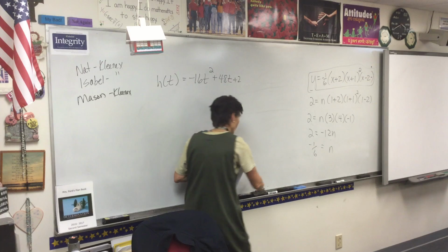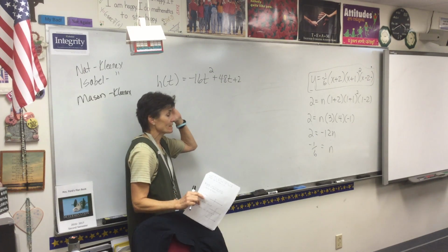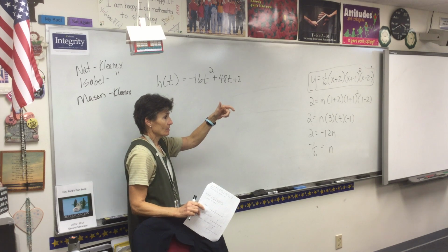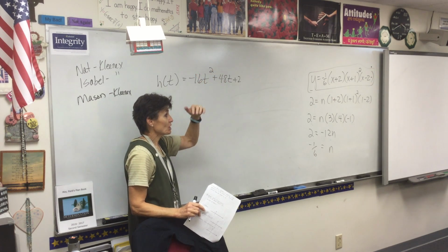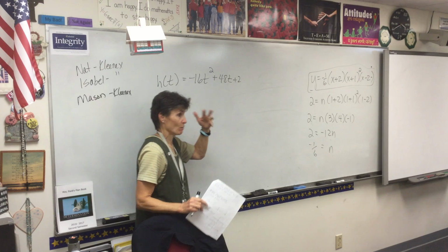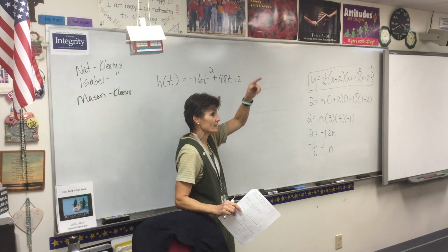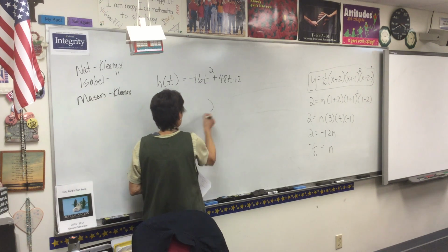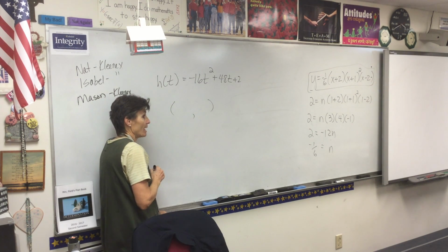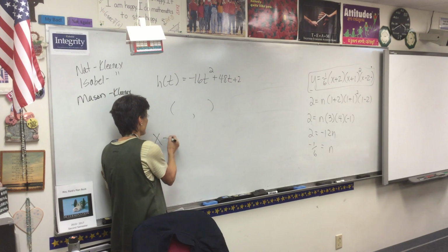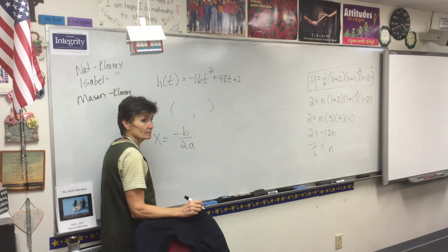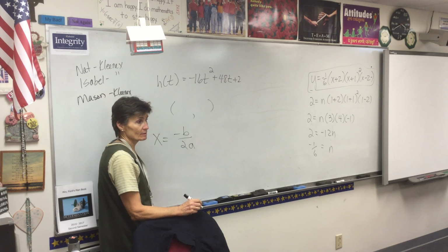When we say that word, what comes into your head? Highest point, which in parabola vocabulary is called the vertex. So we need to find the vertex. And we have a formula that helps us do that, right? It's no different than those other problems.